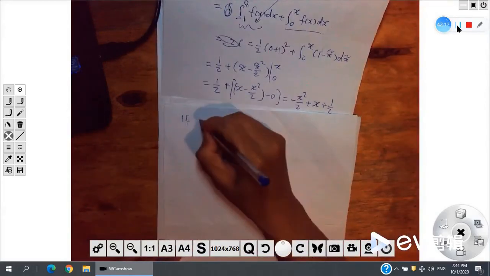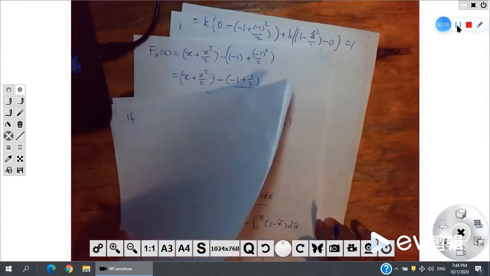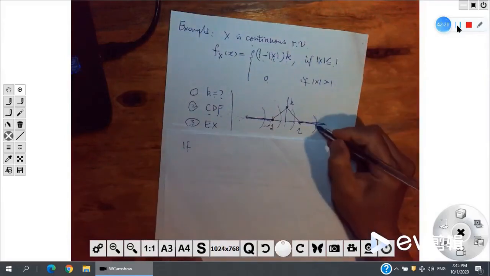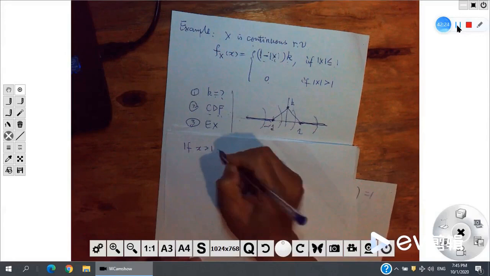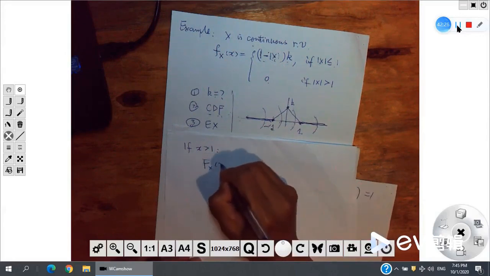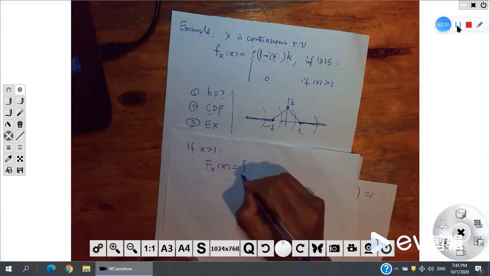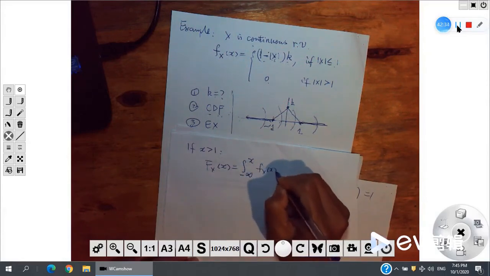The last part is where x is larger than 1. So if x is larger than 1, we have F of x as the integral from negative infinity to x of f(x) dx.